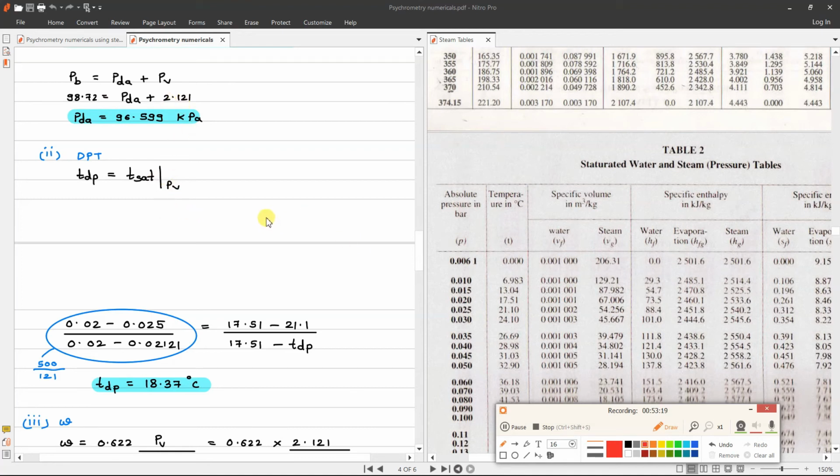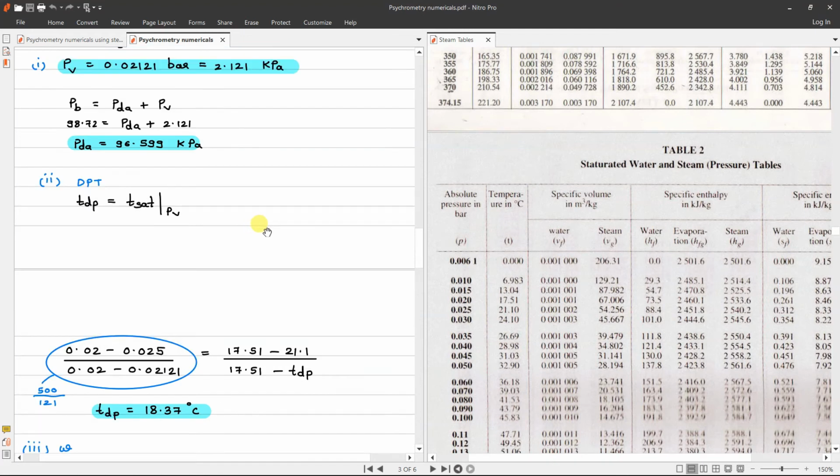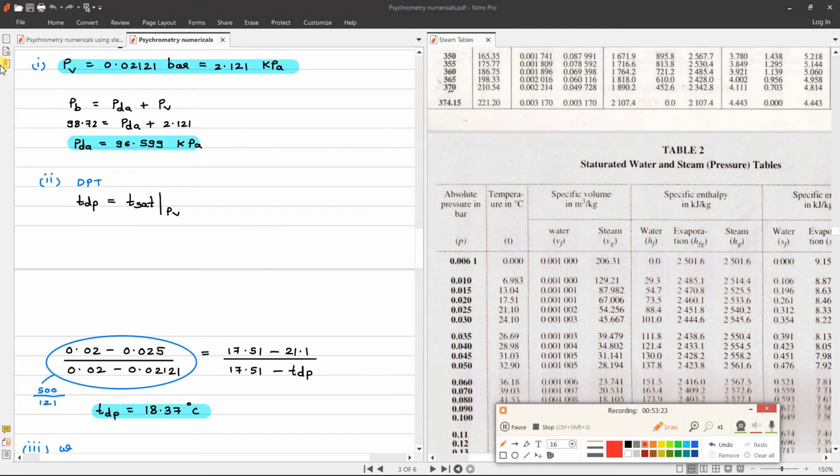Let me show you that PV value. PV value in bar, it is 0.02121 bar. Okay, it will be in between this 0.02 bar. Okay, make sure that the first column is pressure in bar.